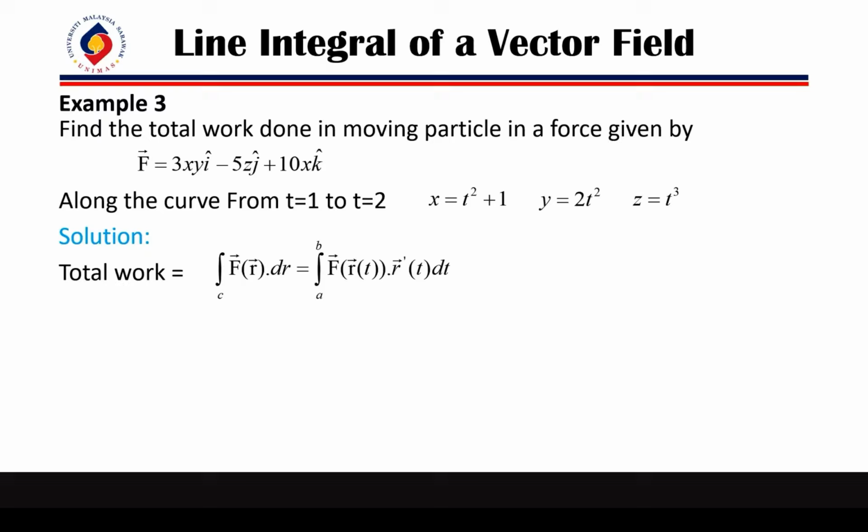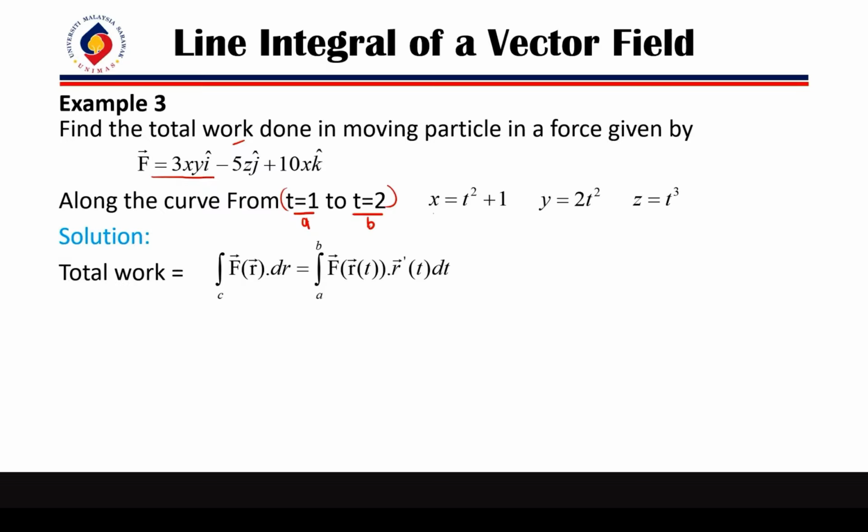Alright guys, we go to example number 3 here, to find the total work done by a given force F in space along the curve from t equal to 1 to t equal to 2, whereas the limit a to b is given.